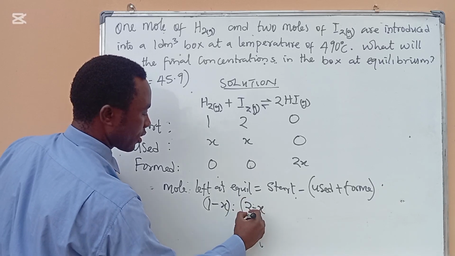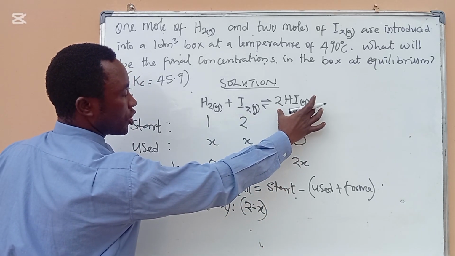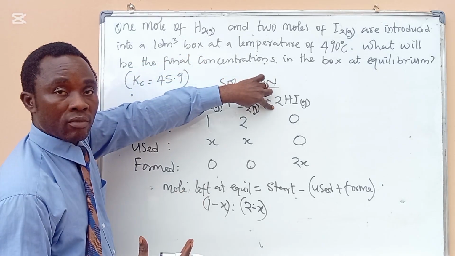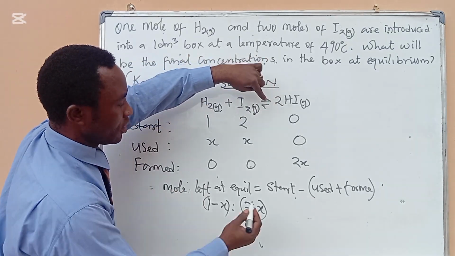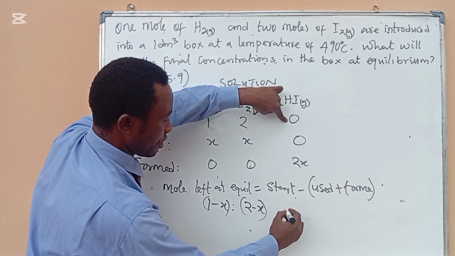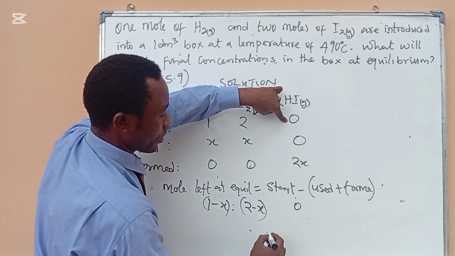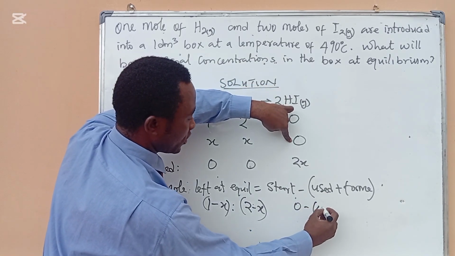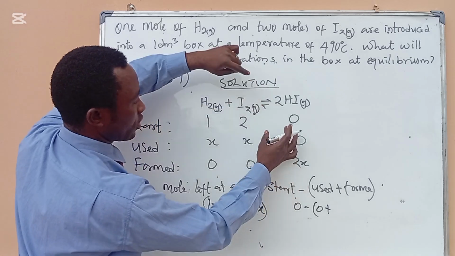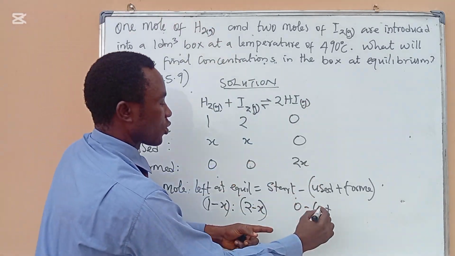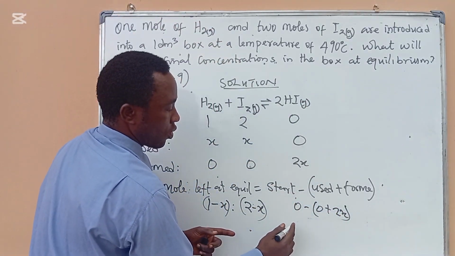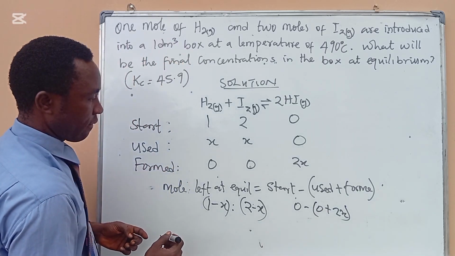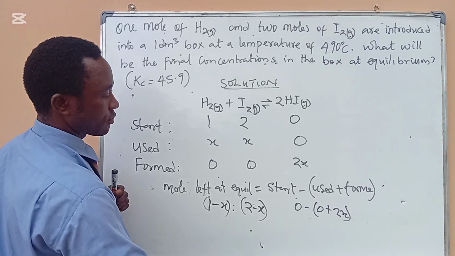Now, when we come to hydrogen iodide, the amount that is left at equilibrium for hydrogen iodide should be the start, which is 0, minus the used, which is also 0, plus the amount of HI formed, which is 2X.